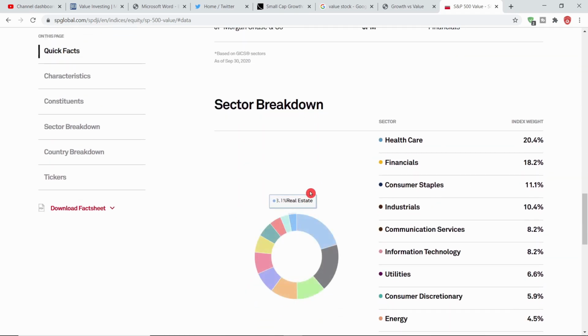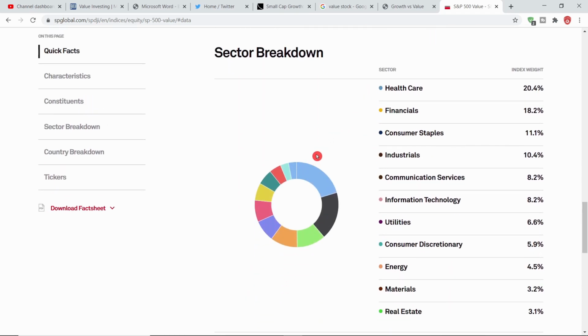Let's take a look at the sector breakdown really quick. We have healthcare at 20%, financials 18%, consumer staples 11%, industrials 10%, communications 8%, information tech 8%, utilities 6, consumer discretionary 6, energy 4.5, materials 3.2, and real estate 3.1.